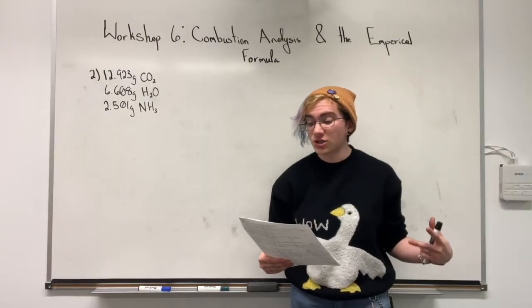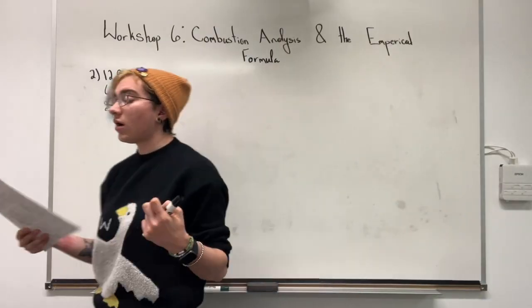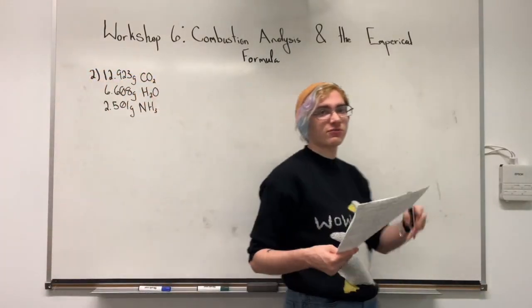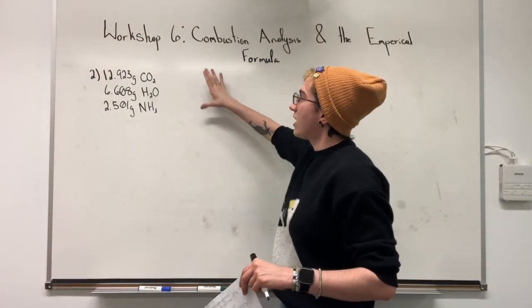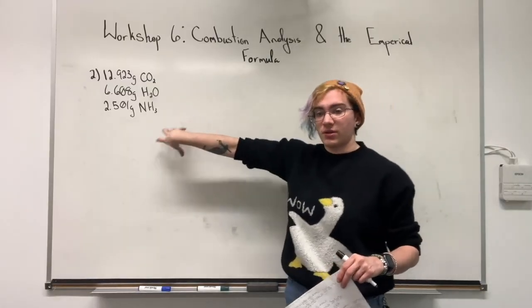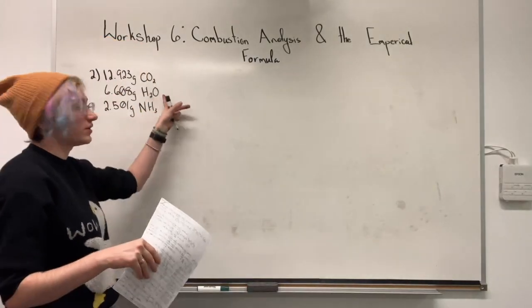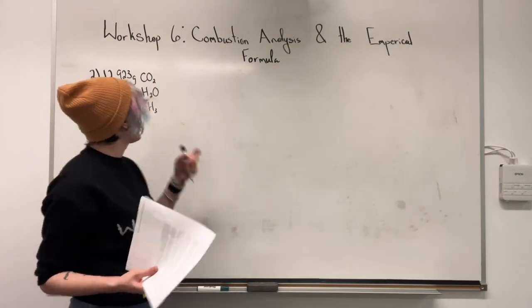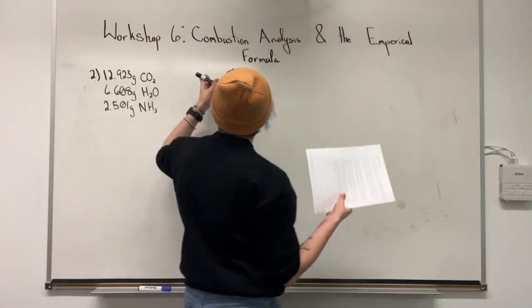Treatment of the nitrogen with hydrogen gas resulted in 2.501 grams of ammonia. That is a separate reaction from the combustion reaction. Essentially, they took the combustion and then took the sample itself, extracted the nitrogen, and performed a separate reaction with it. Because they're performing a separate reaction, we're not going to use the information about the original compound to find information about the nitrogen.